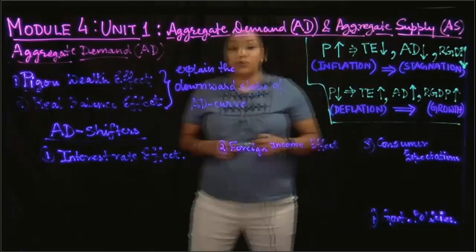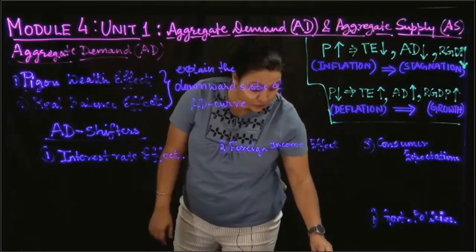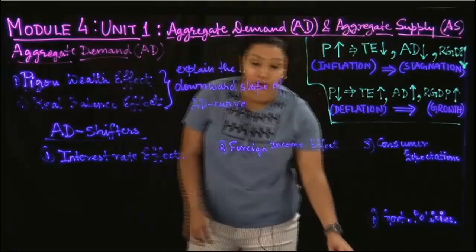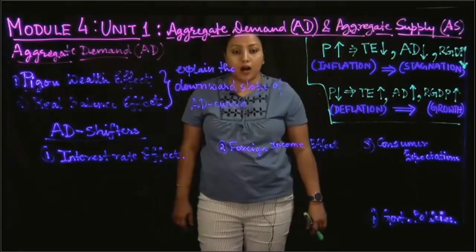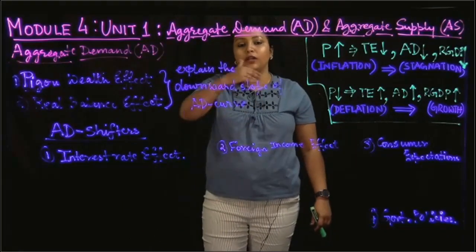Okay. So these are the factors that could actually lead to a shift of the aggregate demand curve either to the right or to the left.